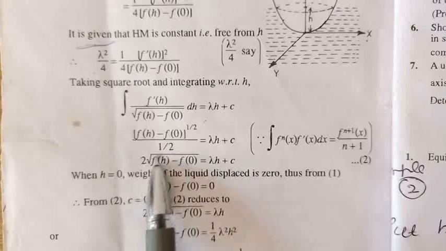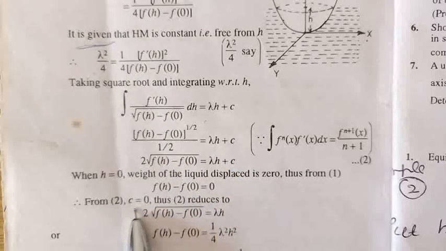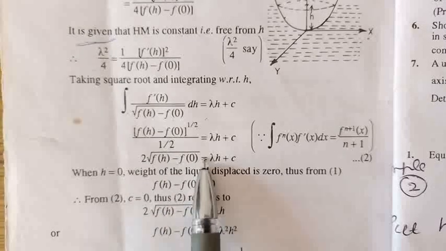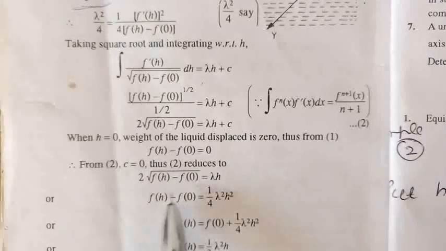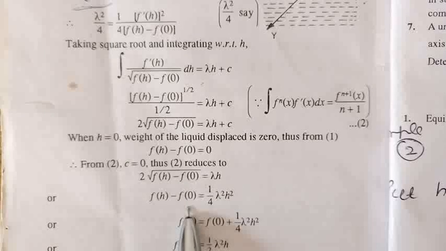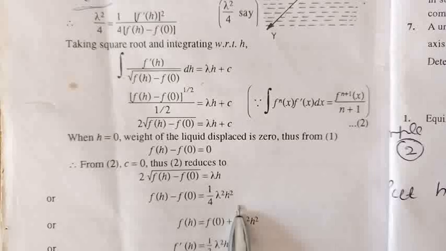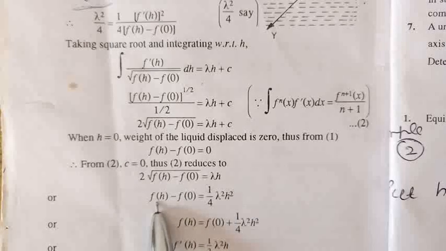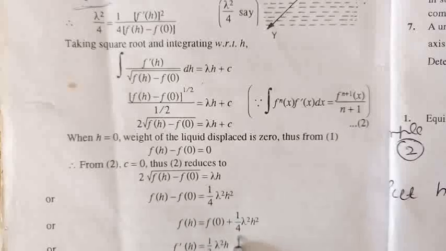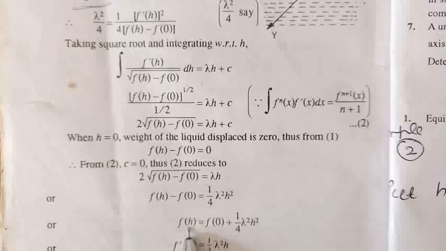Now putting this term as 0 and h also 0, we get c is equal to 0. Now we can substitute this value of c here. After squaring, we get f of h minus f of 0 is equal to 1/4 of lambda square h square. So from here, f of h is equal to f of 0 plus 1/4 of lambda square h square. So finally we have obtained the value of f of h.